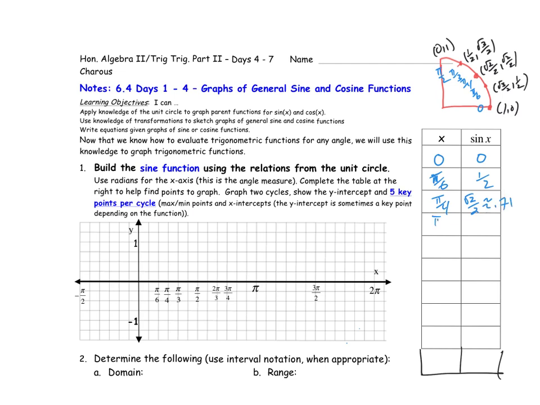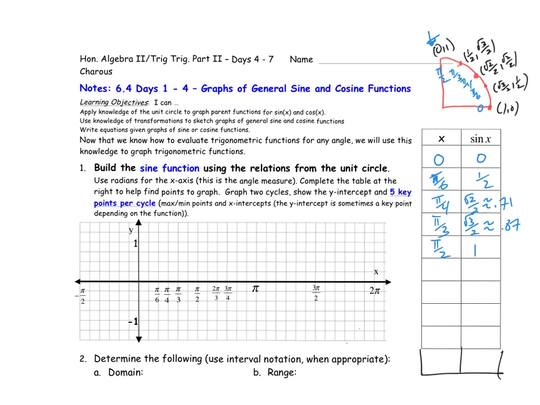I'm going to go up to pi over 3. Pi over 3 has a sine of rad 3 over 2, and the decimal approximation of rad 3 over 2 is 0.87. And then I'm going to go to pi over 2. Sine of pi over 2, the y-coordinate up here, is 1, so sine pi over 2 is 1.